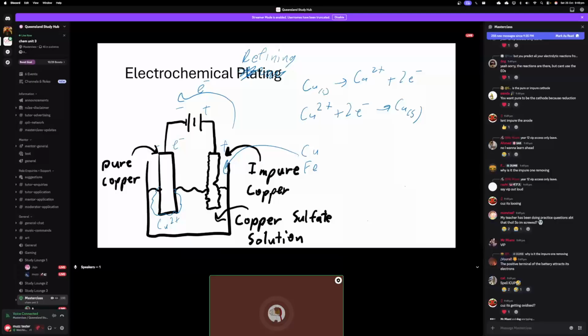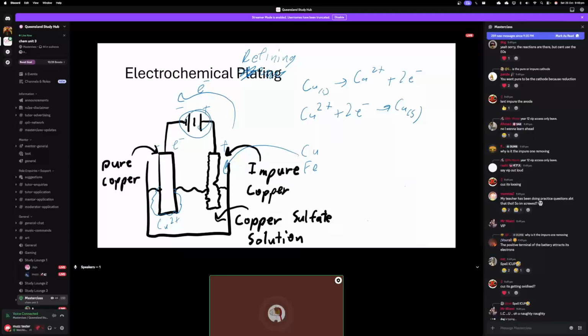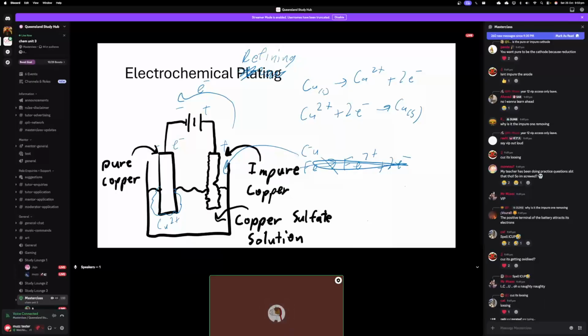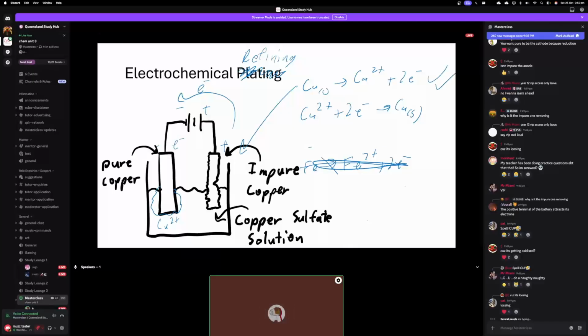I'm going to give just enough energy in this battery. This battery is just going to be the right amount of voltage so that the iron cannot do this. It cannot turn into ion form. This reaction cannot happen, but this reaction can. This reaction can happen.